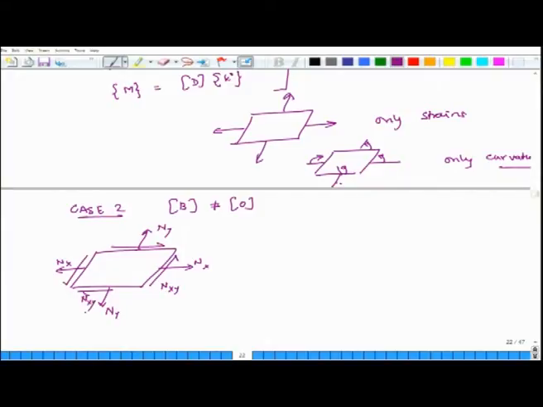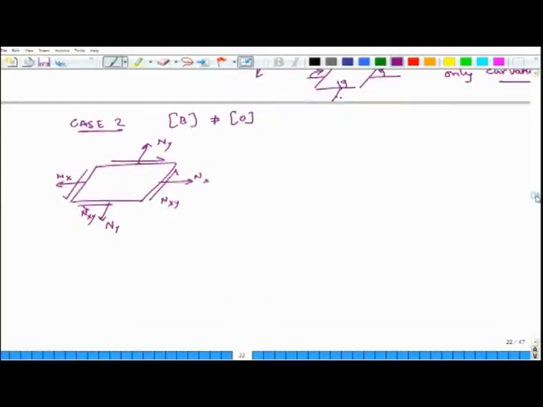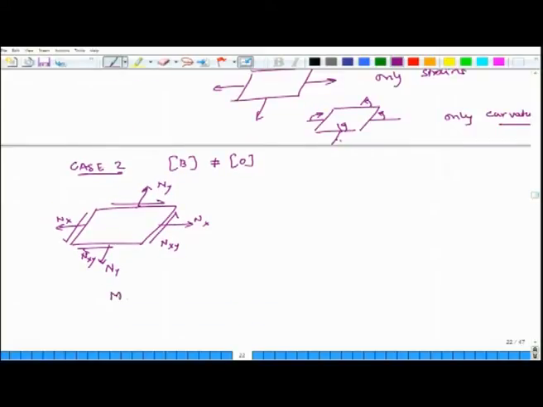And let us say that you do not apply any moments. But then what do the equations tell us? The N matrix is non-zero, right, and in this plate I am applying 0 external moments. So, this is 0.